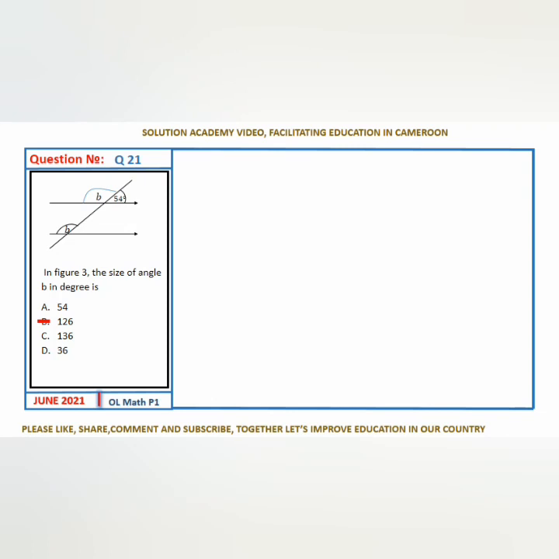If I do that, I have B and 54 representing a straight line angle, and whenever you sum a straight line angle, it should always give you 180 degrees. So B plus 54 should give us 180 degrees. Send 54 to the other side of the equation, it becomes negative, so B equals 180 minus 54. Punch in your calculator, you have B to be 126 degrees. Hence, our answer is B.